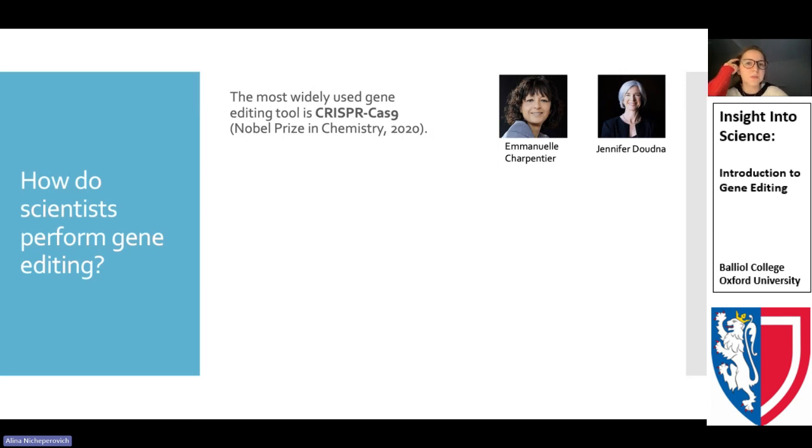So originally this was found as the so-called immune defense system of bacteria. But the two scientists, Emmanuelle and Jennifer, were able to modify it in a way that enables us to precisely and accurately edit genes.